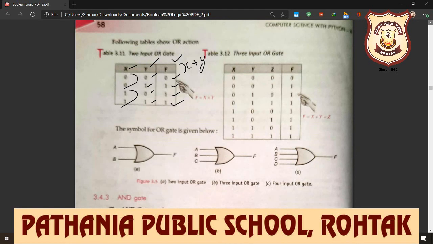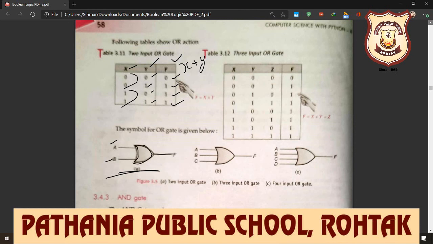So here is your OR gate. In the OR gate, two variables are there. You can input two things, one is A and one is B. This is the symbol, you can draw it this way.